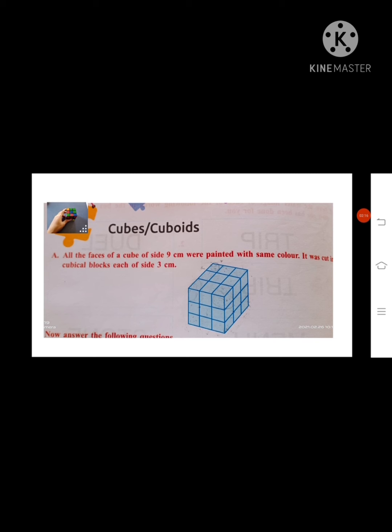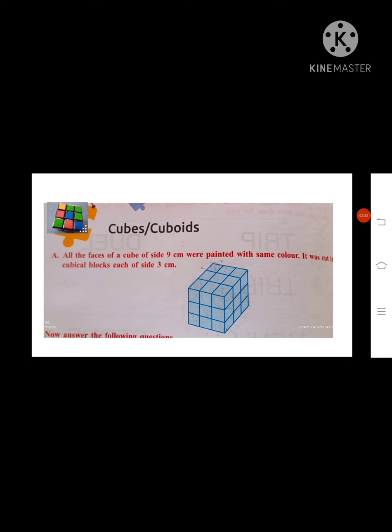Once again, let us see how many sides there are for the cube. This is 1, 2, opposite 3, 4, and 5, and downside this one is 6th. So a total of 6 sides are there for the cube, and by understanding this, we are going to learn cubes and cuboids questions.